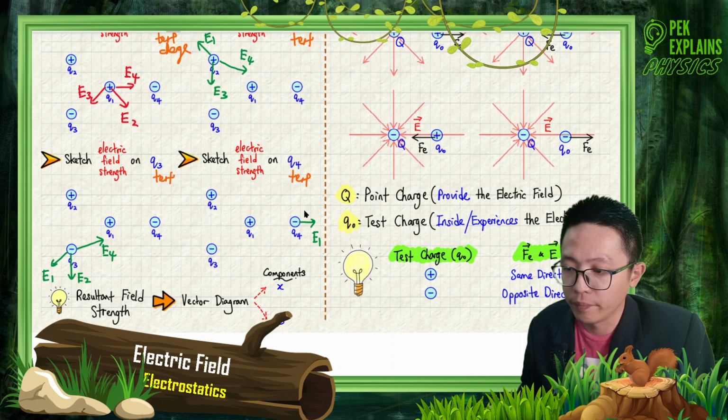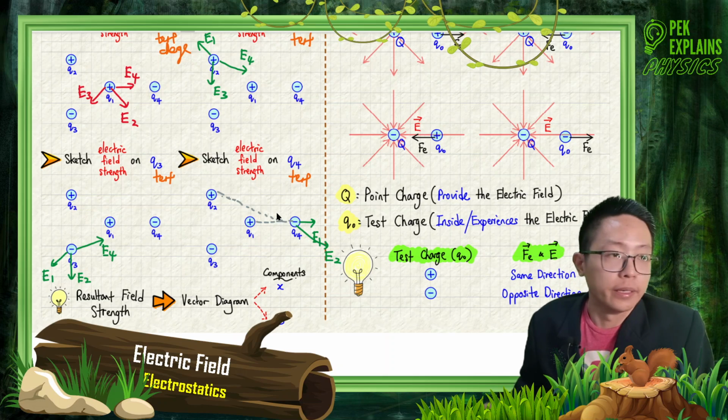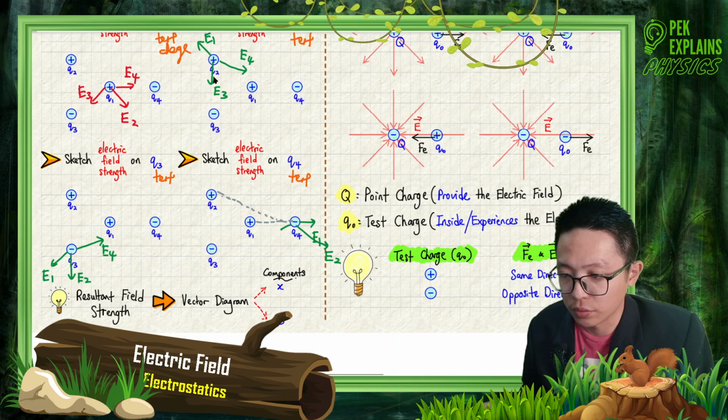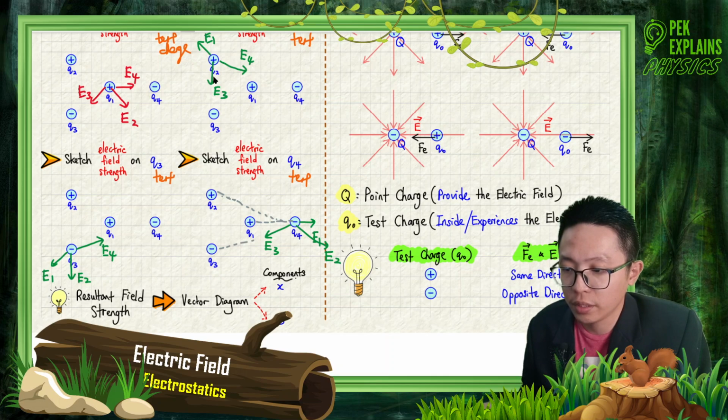And then Q2 is positive, also going away. And this is E2. I need to draw some lines to show that E1 originates from Q1 and E2 from Q2. Now, how about negative Q3? Negative Q3, towards Q3, E3. This field is given by Q3. That's it.